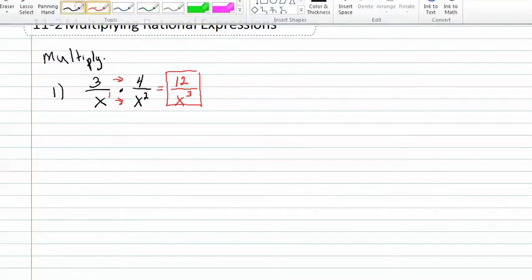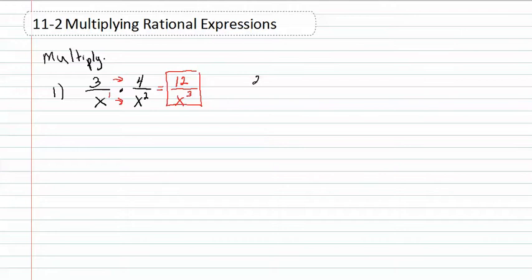Number 2, we're going to multiply. And the problem is x over x plus 4 times x minus 3 over x minus 2.